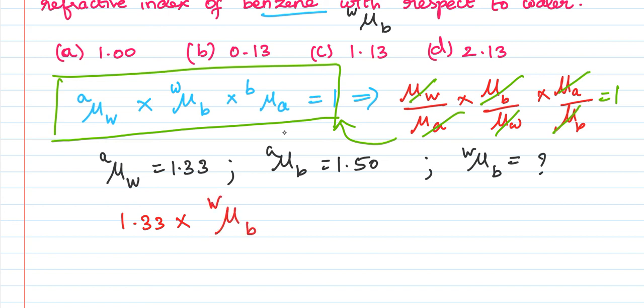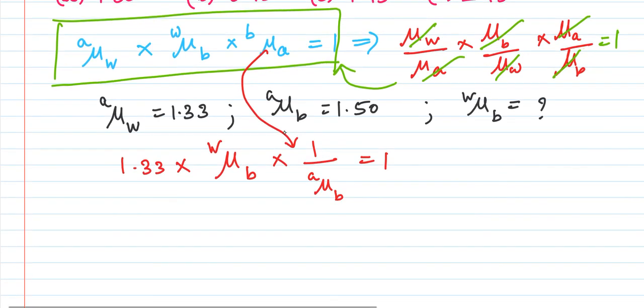So I am writing as such. What data I am having in my hand? Mu benzene with respect to air is there. I already told in the previous sum itself. I can write this in reciprocal manner. So it will be written as 1 by mu benzene with respect to air. This one can be written in this manner. That is equal to 1.